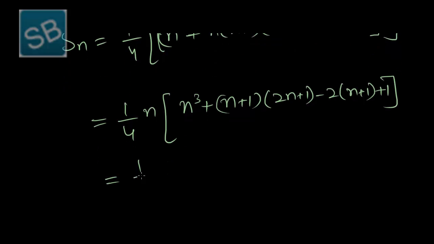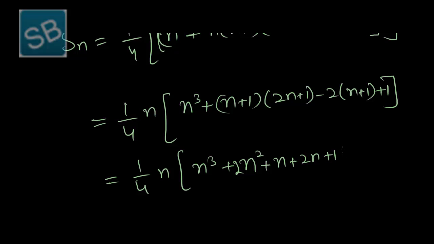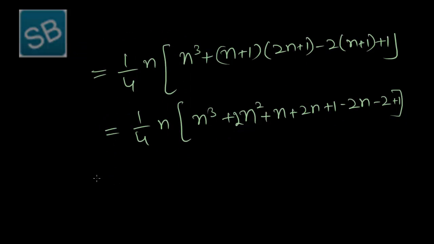So we get 1 by 4 n, n cube multiplying these brackets, 2n square plus n plus 2n plus 1 minus 2n minus 2 plus 1. So we get 1 by 4 into n, that is n cube plus 2n square; 2n minus 2n is cancelled out, and 1 and 1 is 2 and this is minus 2, so this will be cancelled out.